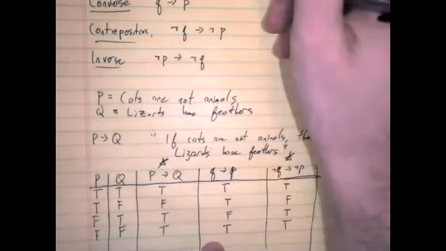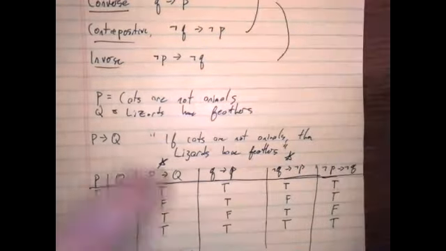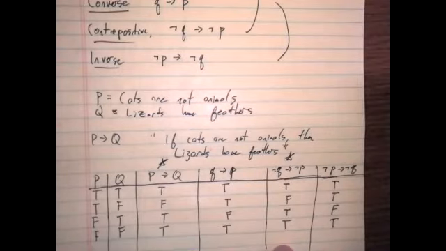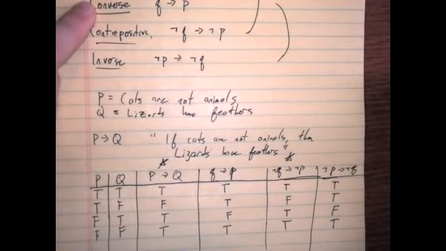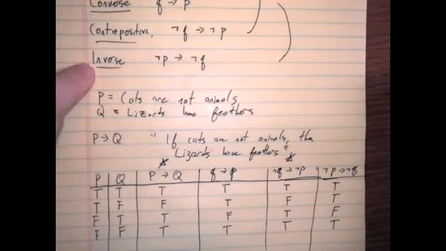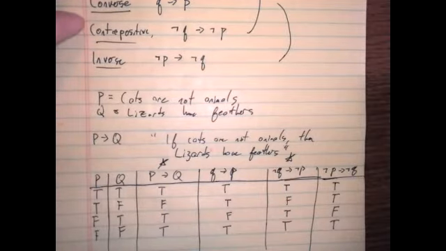But in particular, we should note that these lines of the truth table have different truth values from P implies Q. So in other words, the converse is not equivalent to the original implication, the inverse is not equivalent to the original implication, but the contrapositive is equivalent.